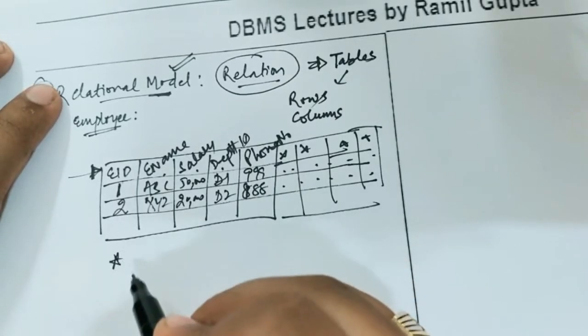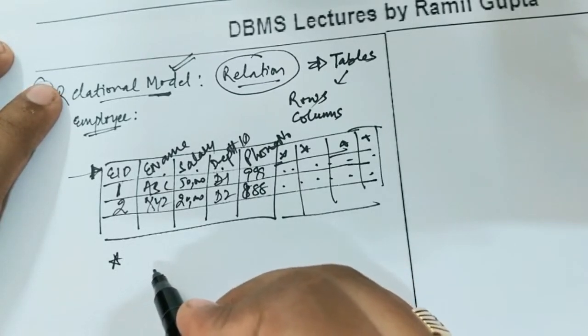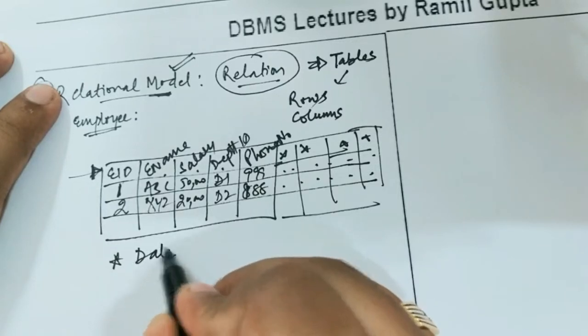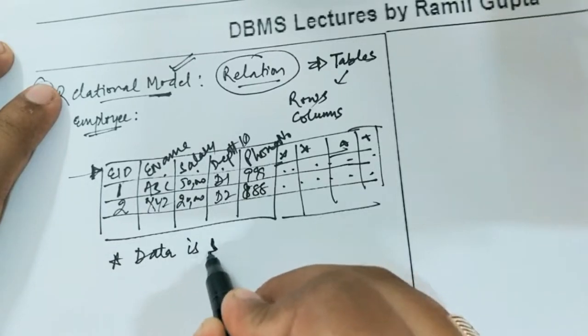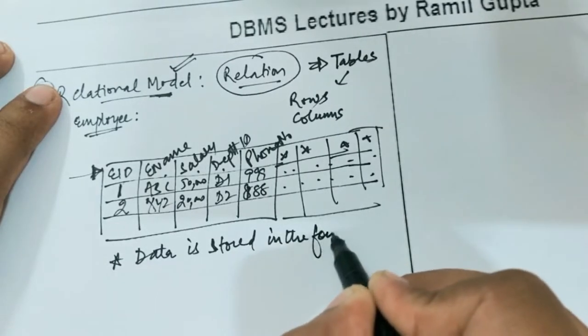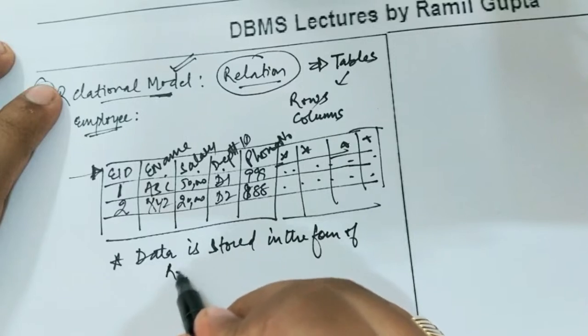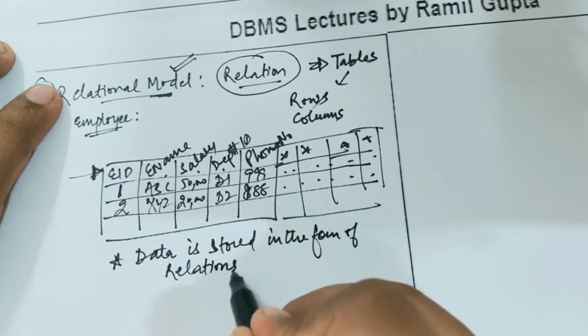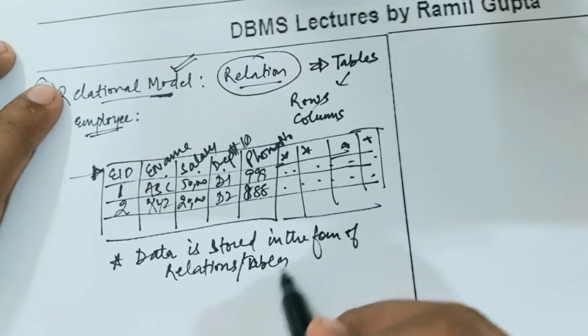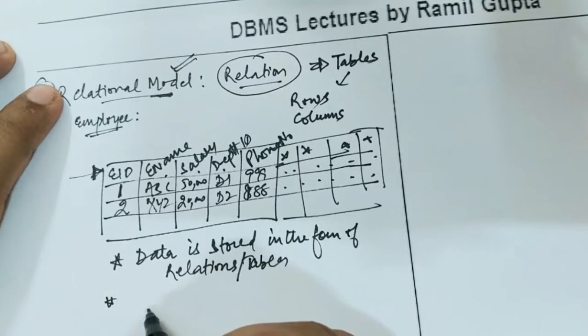Let us further discuss the highlights of these relational models. The first highlight is that data is stored in the form of relations. These relations can also be called tables.